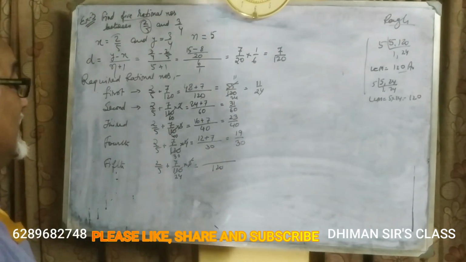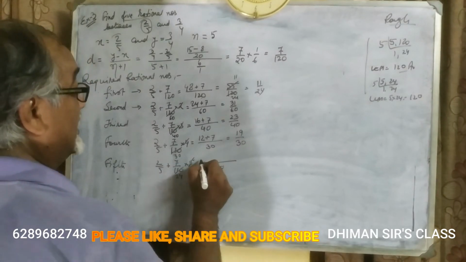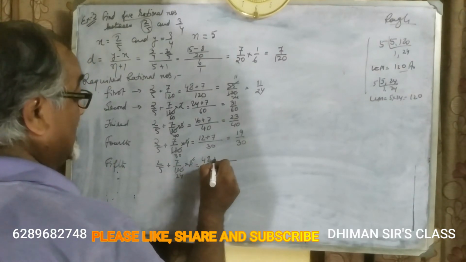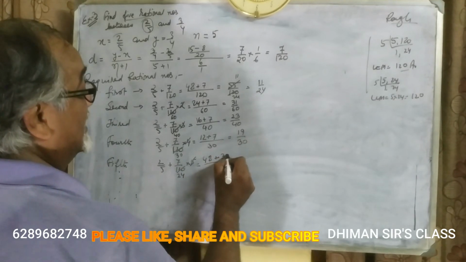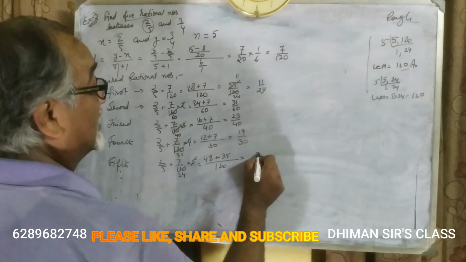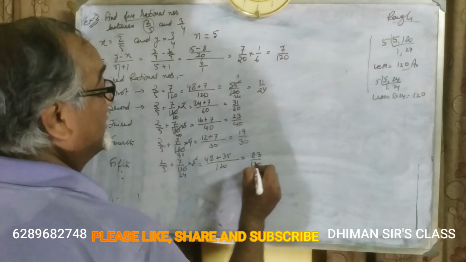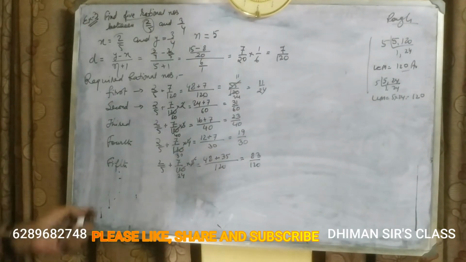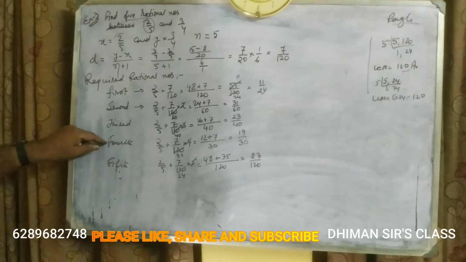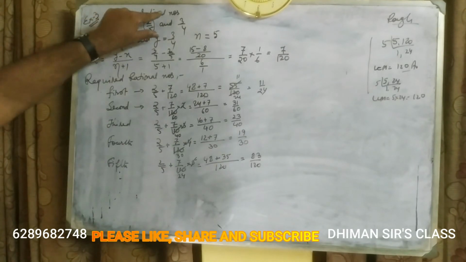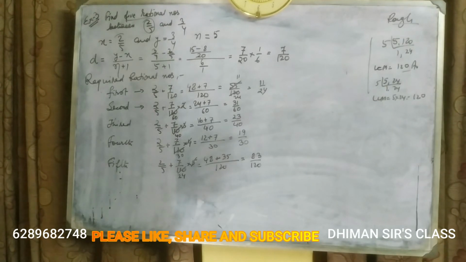As usual 120. So 5 24s are 120, 24 2s are 48, plus 35, is equal to 48 plus 35, 83 by 120. Okay, so this will be the answer. 1, 2, 3, 4, 5. We found 5 rational numbers. We got these rational numbers.